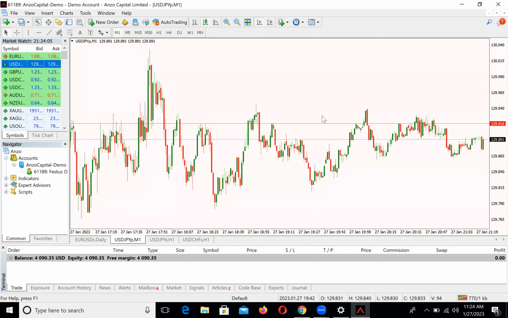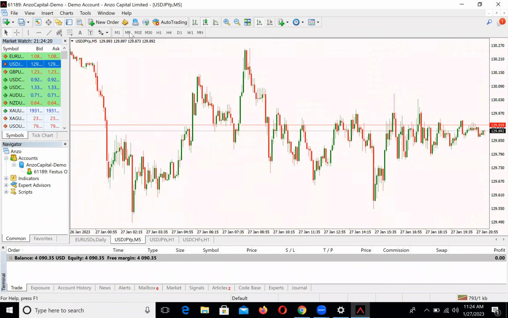All right. So let's just wait. You can see now this candle has stopped and a new candle has started forming since we entered a new minute. That's good. So you see the M5 here. M5 means the 5 minutes chart. It means that each candle here opens and closes within 5 minutes.